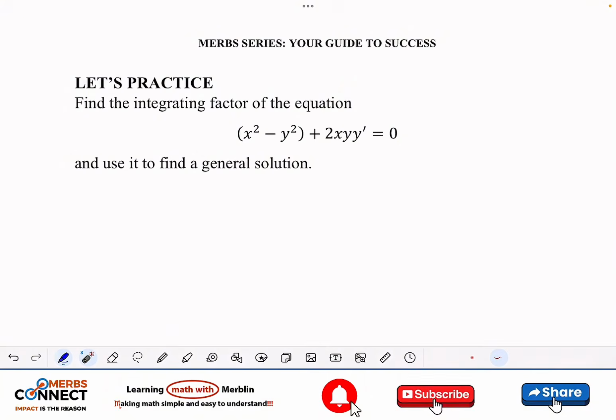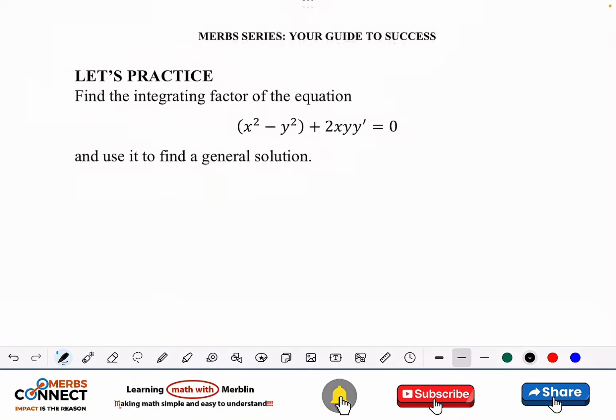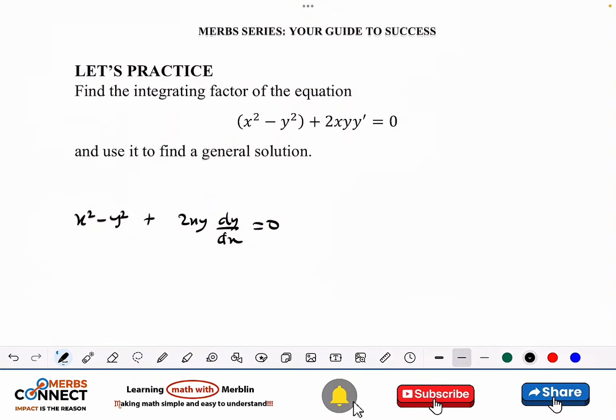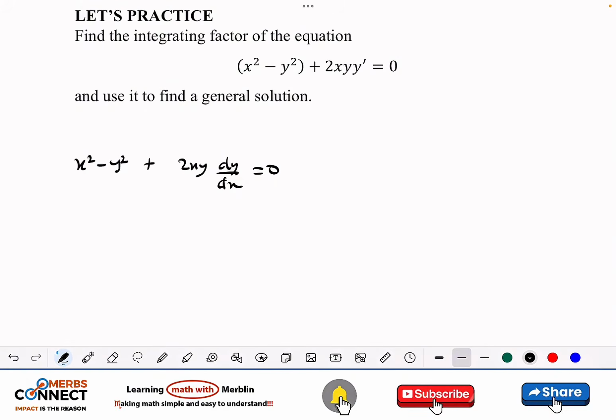So we can just go through finding the integrating factor. So we have x squared minus y squared plus 2xy dy over dx is equal to 0. Multiply through by dx: x squared minus y squared dx plus 2xy dy is equal to 0.